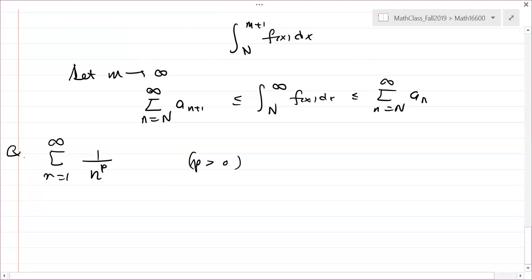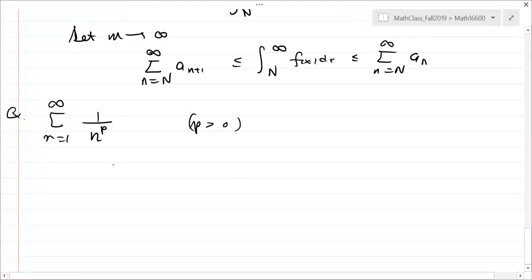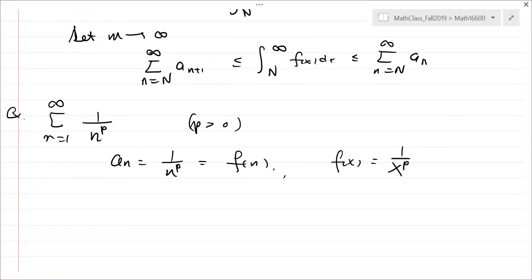All right, so let's look at this function. Obviously the nth term is 1 over n to the power p, which is f of n. And what is f of x? f of x is 1 over x to the power p. When p is greater than 0, this function is continuous, f of x is greater than 0, and f of x is decreasing.